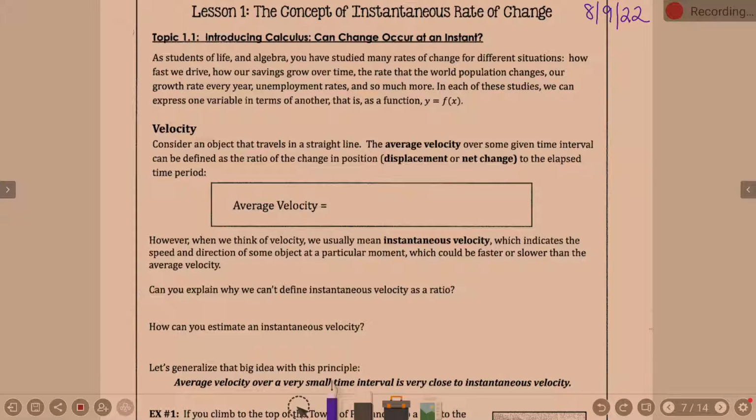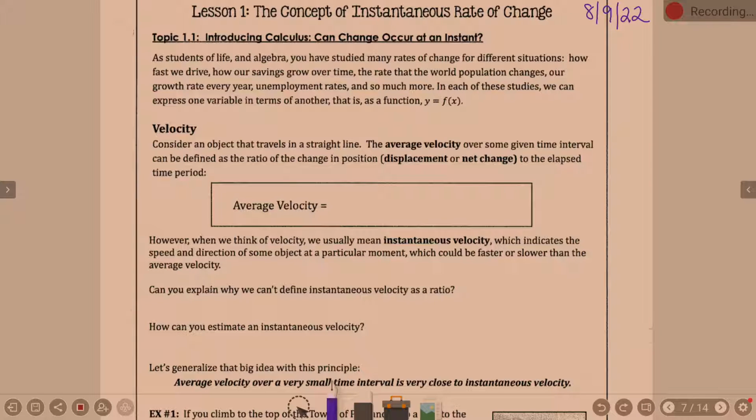But okay, so velocity. Consider an object that travels in a straight line. The average velocity over some given time interval can be defined as the ratio of the change in position, so displacement or net change, so how far it travels if it starts at A and goes to B, to the elapsed time period.